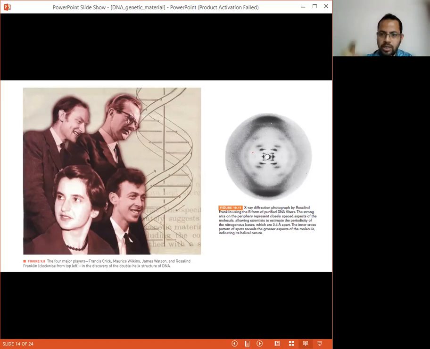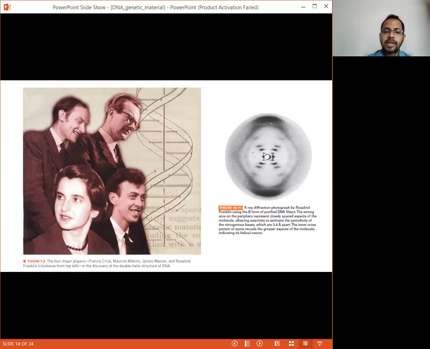If we get such a cross-like mark, it is obvious that the structure is forming some helix-like structure. That property can be revealed by X-ray crystallography, and Rosalind Franklin was doing that.